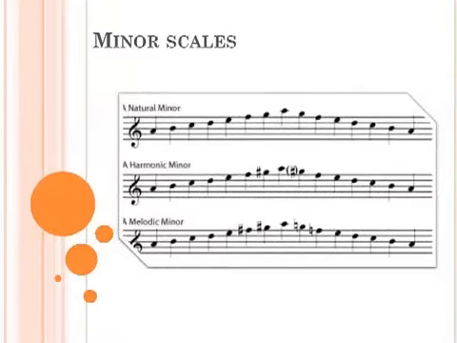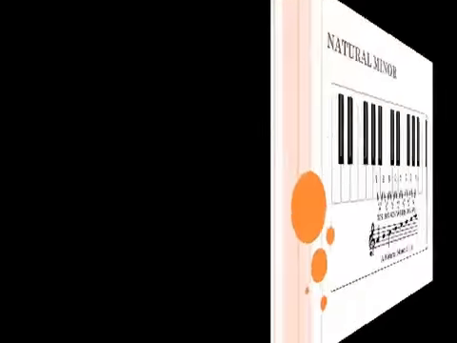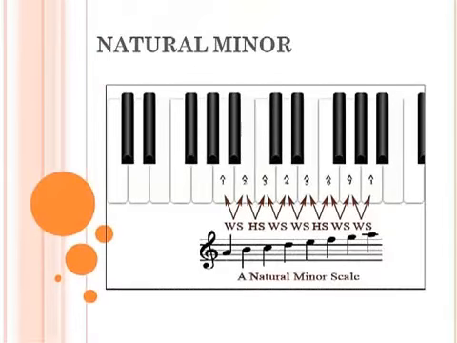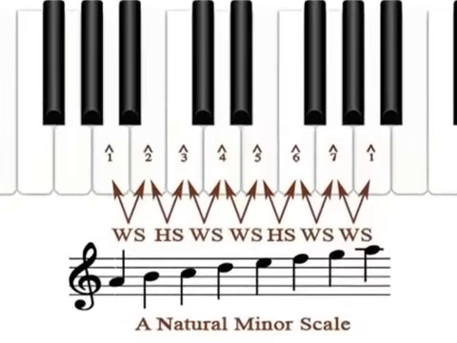Minor scales also have diatonic scales. As you know, there are 3 types of minor scales: natural minor, harmonic minor, and melodic minor. Here we have the natural minor scale. We have a whole step, a half step, whole step, half step, whole step, whole step.